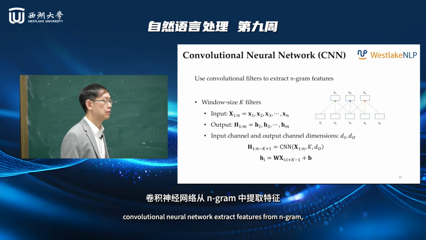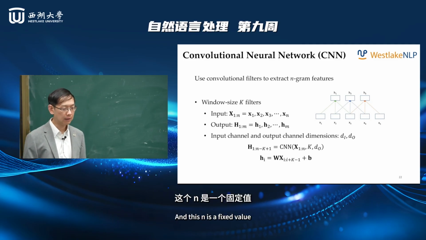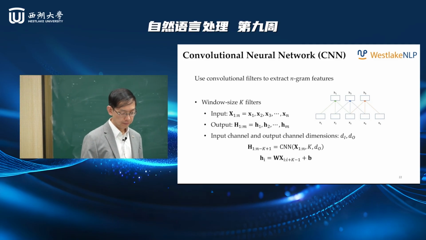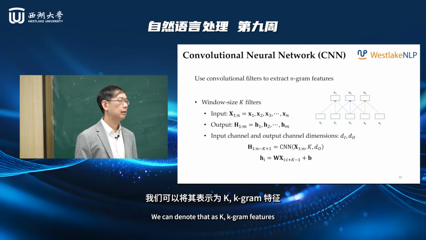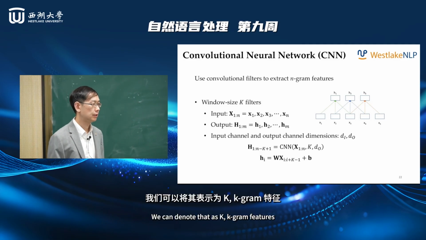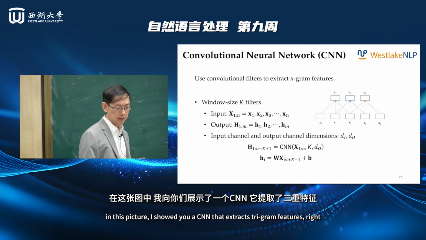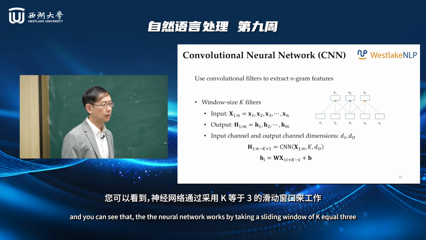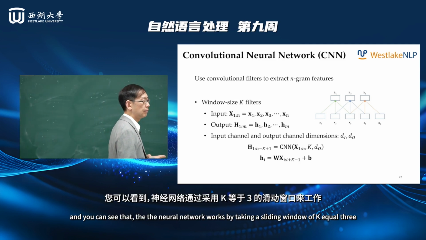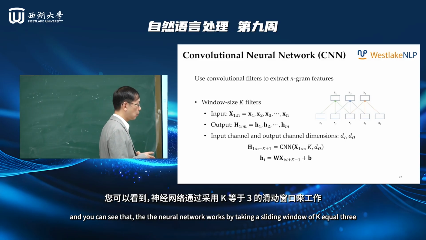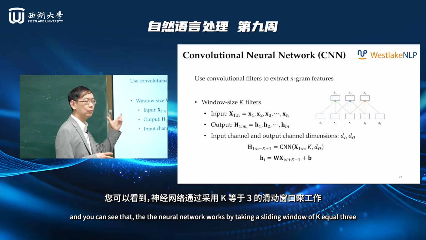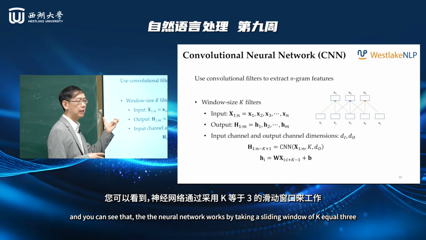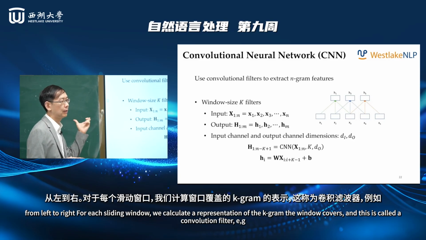So basically, convolutional neural network extracts features from n-grams, and this n is a fixed value. We can denote that as k, k-gram features. In this picture, I showed you a CNN that extracts trigram features. You can see that the neural network works by taking a sliding window of k equals 3 from left to right.